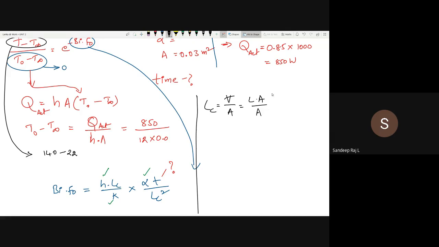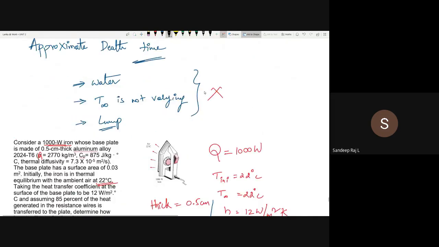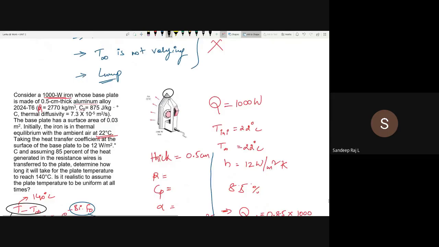See, this L is nothing but the thickness. If you have a plate here, this plate has so-and-so area. Area is known to you, and if you want its volume, you have to multiply the area with its thickness.